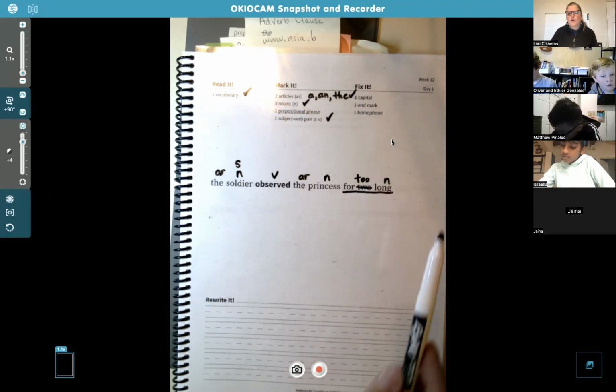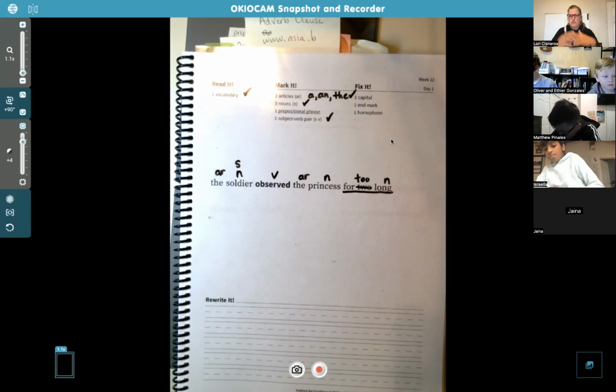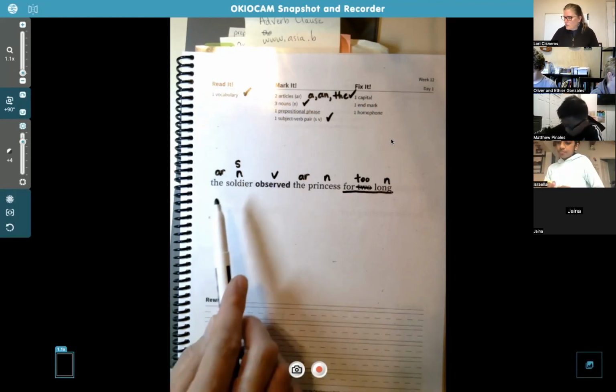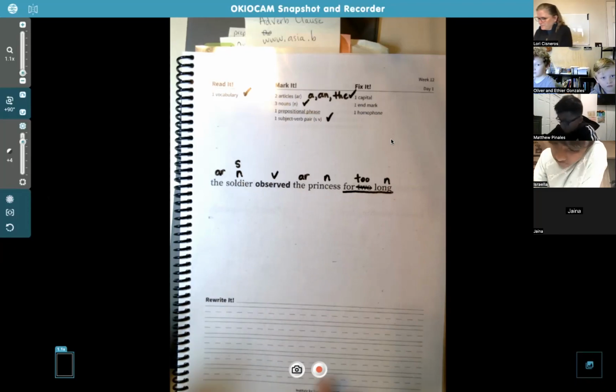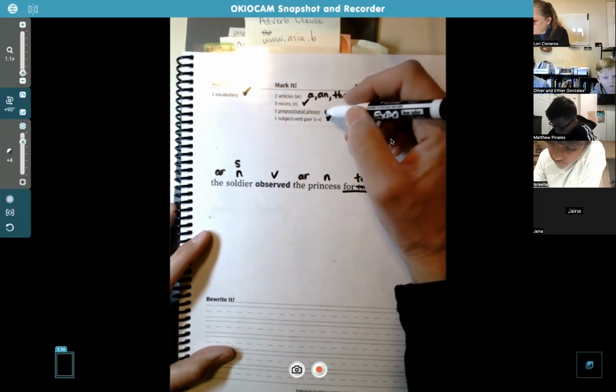So TOO means either also or to an excessive degree, like a lot, too long. So the soldier observed the princess for too long, meaning like he was watching her for a long time. Okay, good, Jana. Got that.